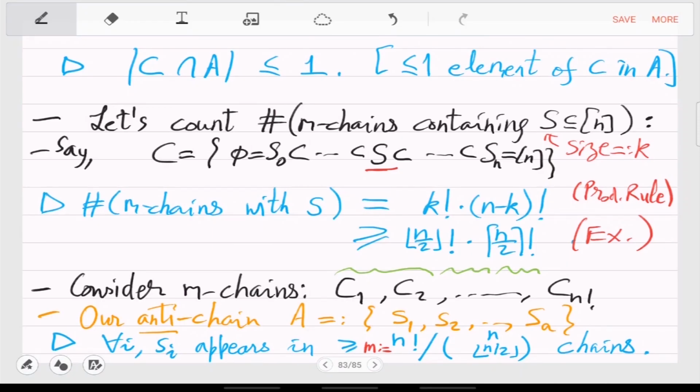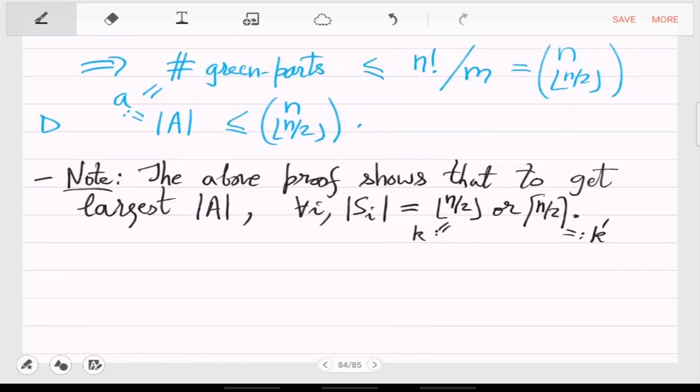So now you know the green part size exactly. It has to be exactly n factorial over k factorial times n minus k factorial. So for the blue property above, there also you have to have an equality, which means k has only two possibilities. k can only be floor n by 2 or ceiling n by 2. Okay, so you can go back, just follow these equalities.